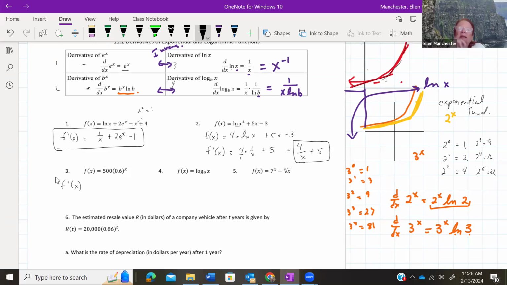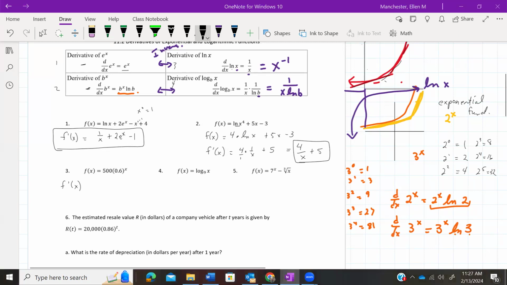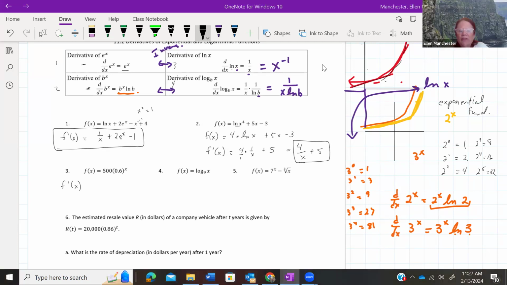Okay, so let's narrow that down even further. If I'm going to use 1, there has to be an E in it. So which one do you think it's going to be? 2. There you go. So if it's raised to the x power and there's no E, then you're going to use 2. The only time you're going to use 1, the e to the x, is when there's an E in it.